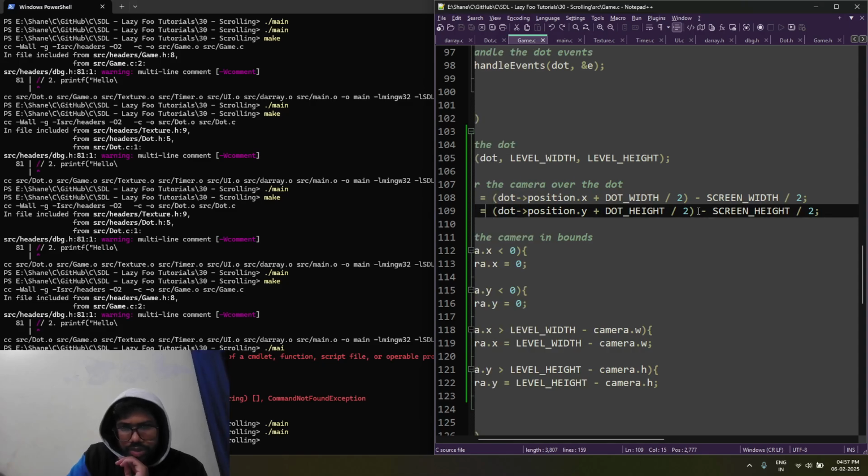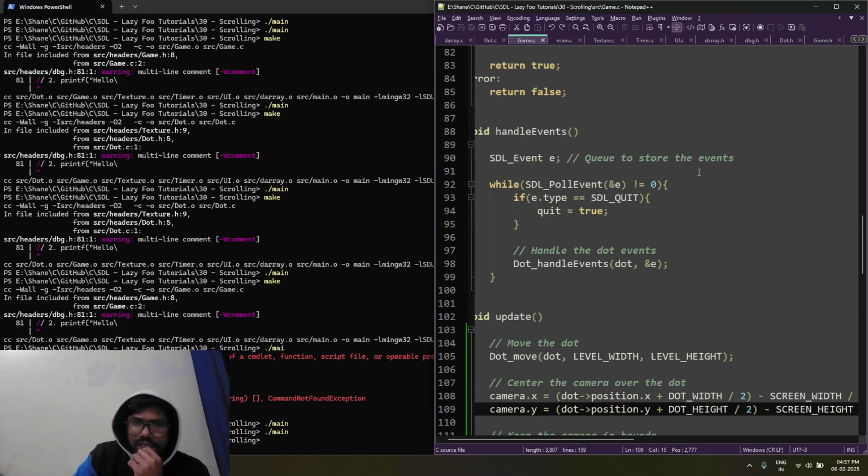Okay, so its position and the territory 2.